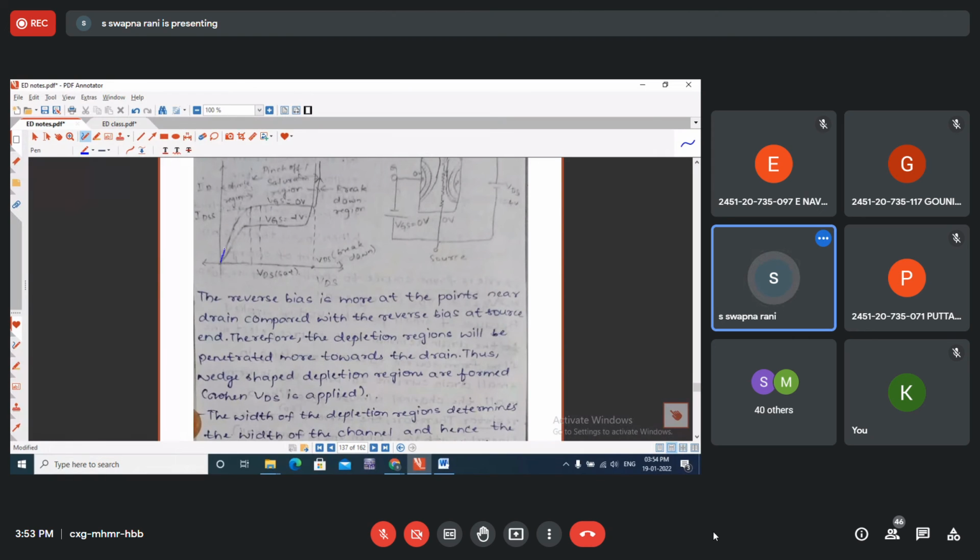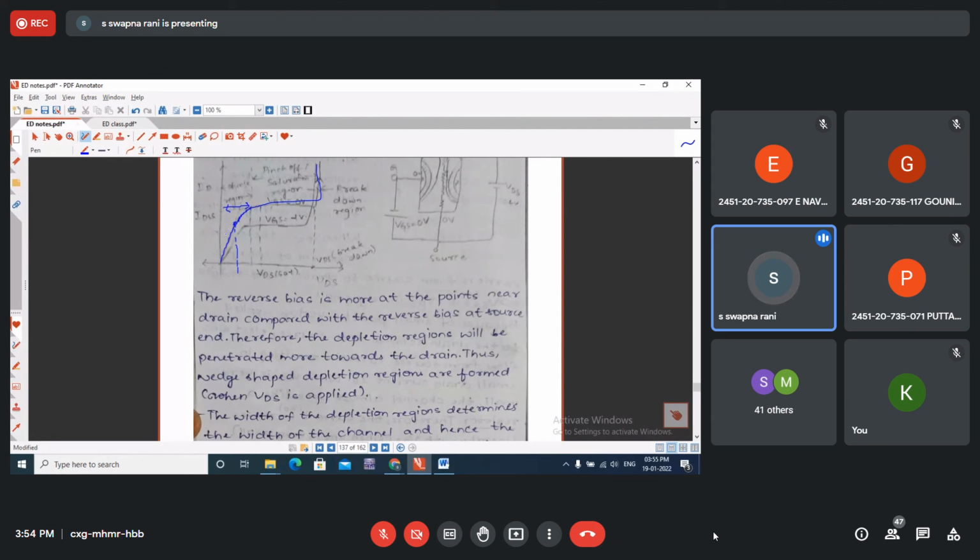We discussed that current increases linearly for small VDS, and after that, once the wedge-shaped depletion regions are formed, the rate of flow of the charge carriers decreases. So the slope of the curve decreases, and at one particular voltage, drain current becomes constant. If you further increase VDS, breakdown takes place.